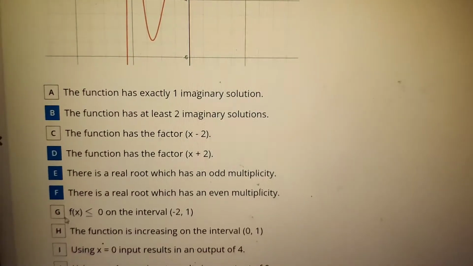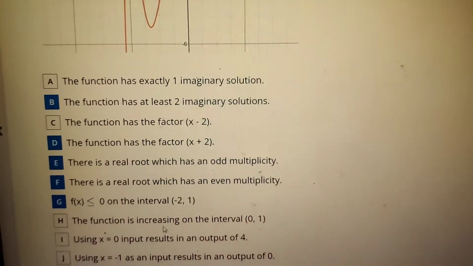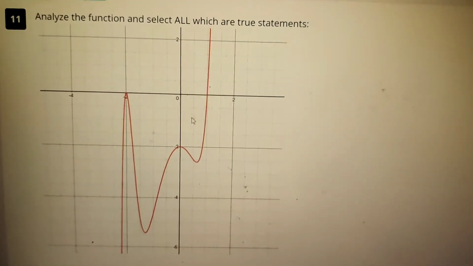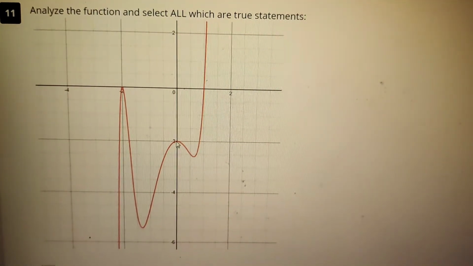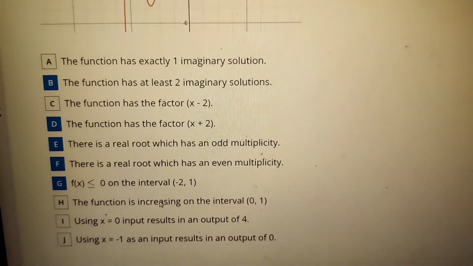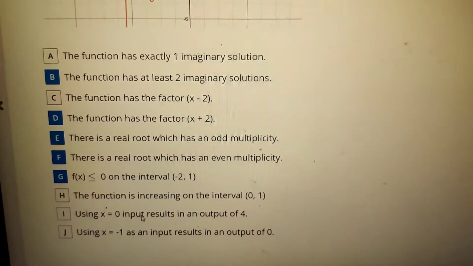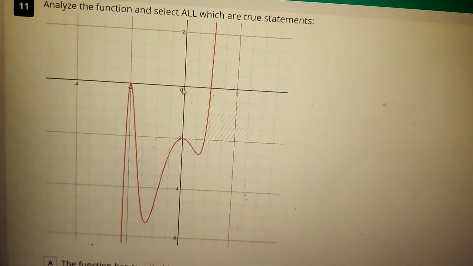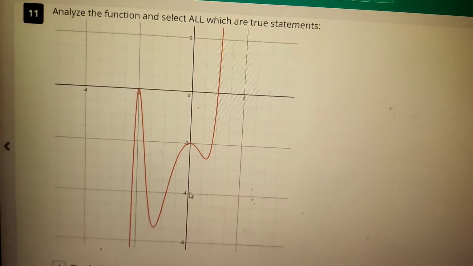So that is true. The function is increasing on the interval from 0 to 1. From 0 to 1. We go down first, and then we go up. So no, that is not true. Using x equals 0 input results in an output of 4. So that's saying that the y-intercept at 0 is -4, or positive 4, never mind.